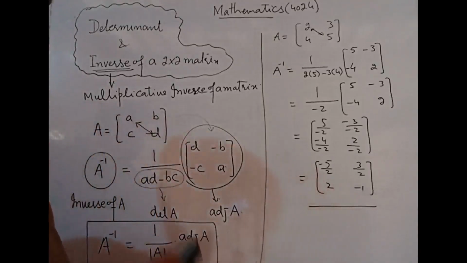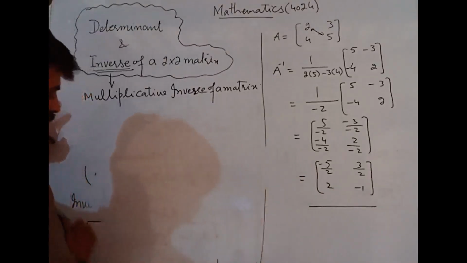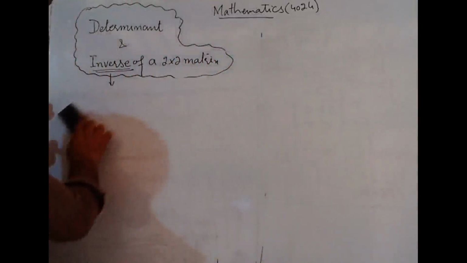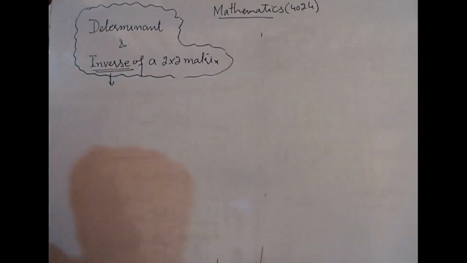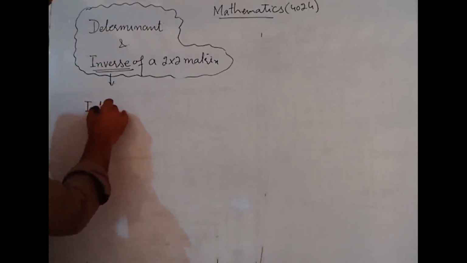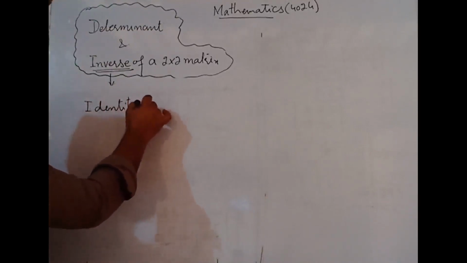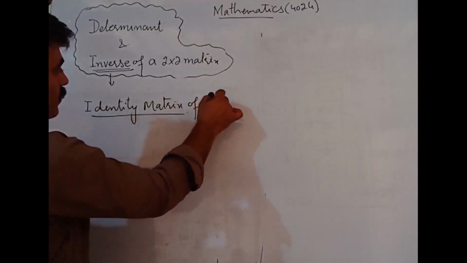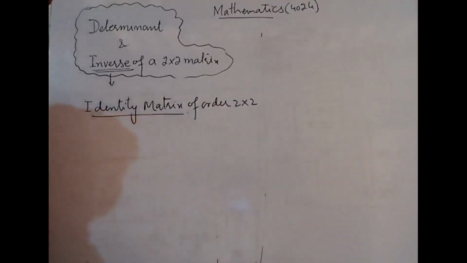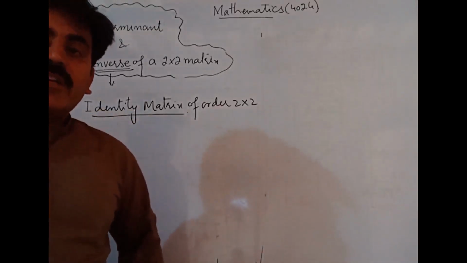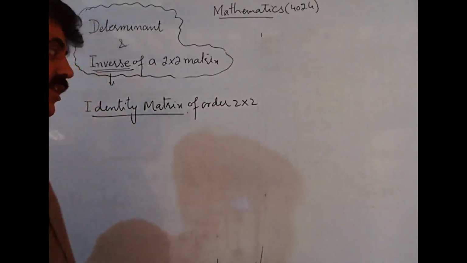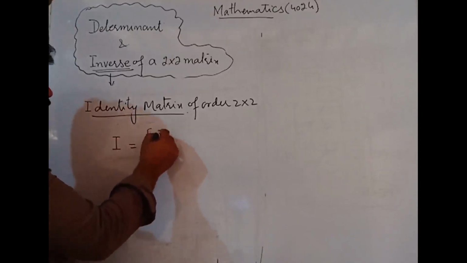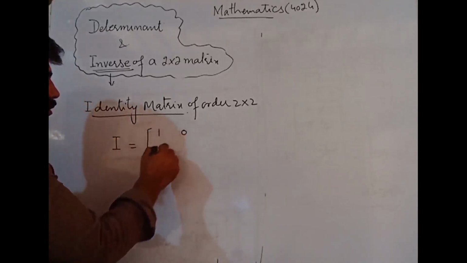Next are some remarks. The next topic is the identity matrix of order 2 by 2, which is given as I equal to 1, 0, 0, 1.